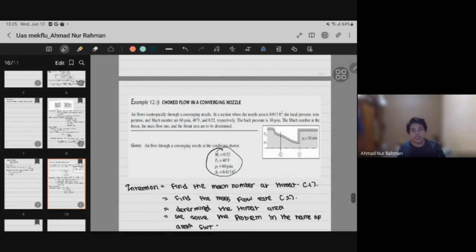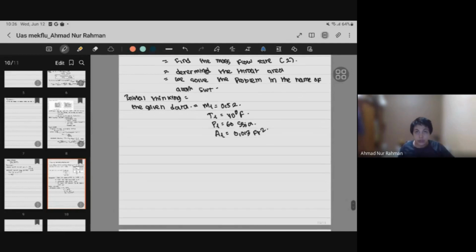So to make it simpler, we draw the picture. This is station one. Then we first check whether the flow is isentropic down to PB, to check if we avoid the stagnation condition. So we need to evaluate the stagnation condition using the stagnation equation.